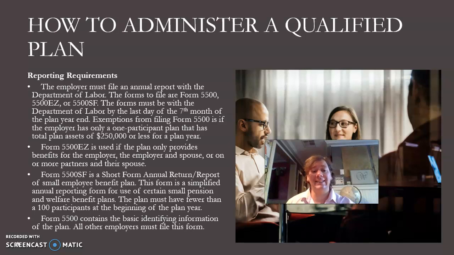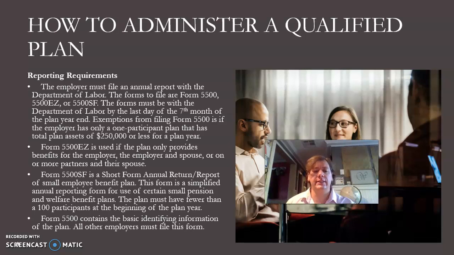Form 5500 EZ is used if the plan only provides benefits for the employer and spouse, or one or more partners and their spouses. Form 5500 SF is a short form annual return report for small employee benefit plans.